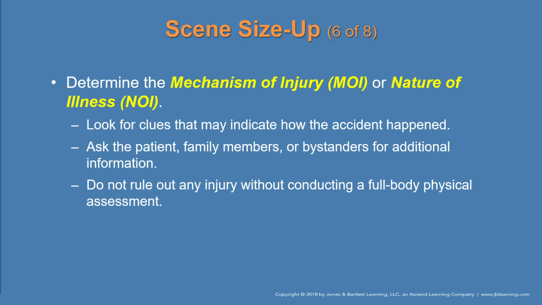Now, the danger of this is something called premature closure, which is you receive information from dispatch, like please respond to 123 Any Street for a report of a stroke. And you arrive on scene and you've been handed the diagnosis of stroke by someone who just talked to someone on the phone, right? They don't know what's going on.